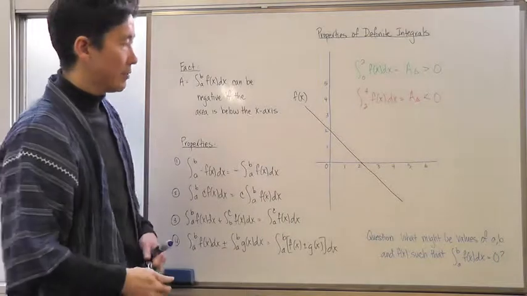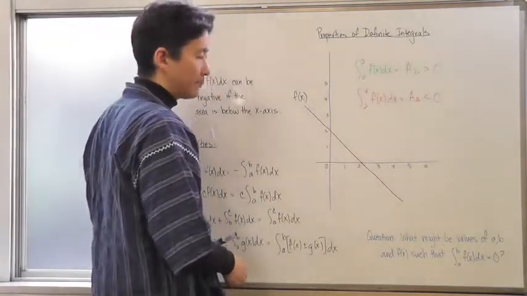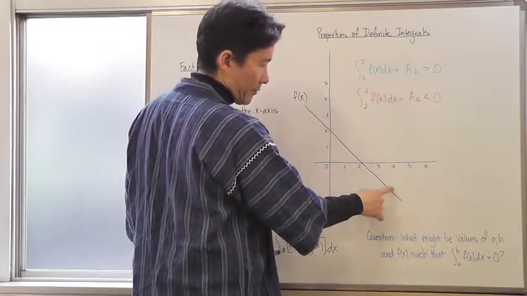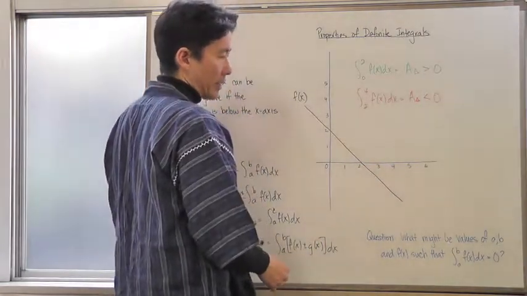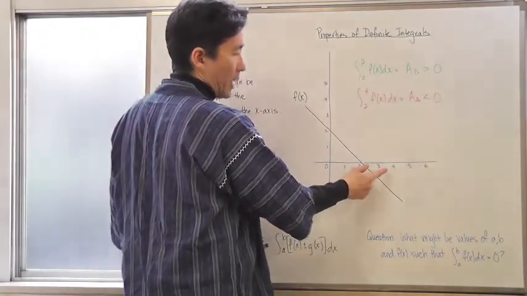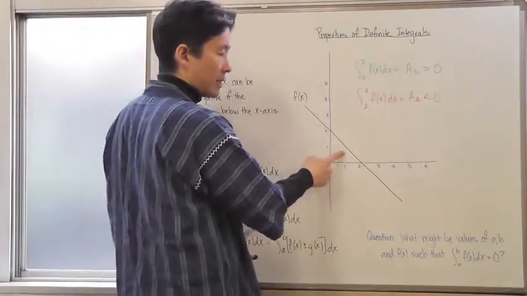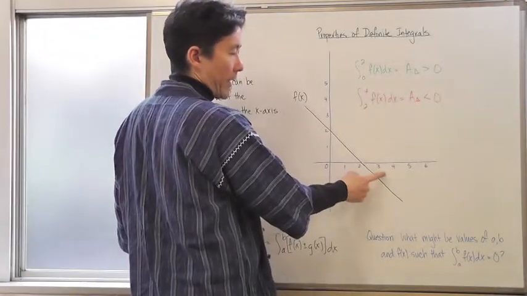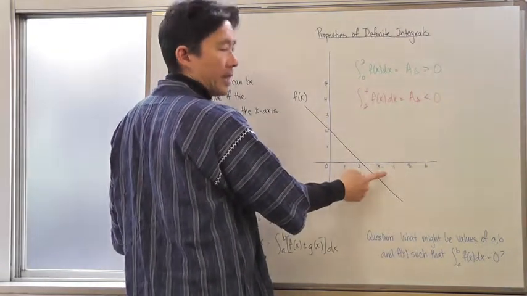Now, in the same respect, if we look at this function and we take the definite integral from 2 to 4 instead, then I'm talking about this triangle here, and that area is actually going to be a negative area. Now, why is that a negative area and this a positive area? It's because the height in this triangle here is negative 2.